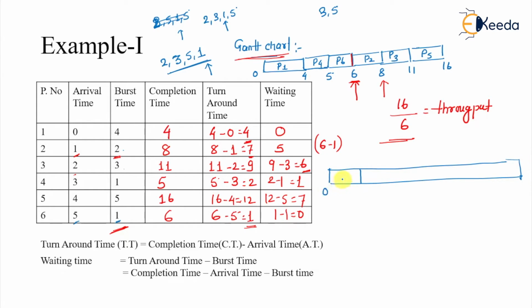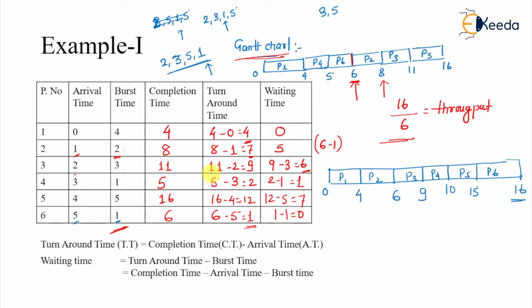So I start with 0, and P1 completes at 4. P2 requires 6, so it completes at 6. P3 requires 3, so 3 to 9, and P4 is 1, so 1 to 10. P5 is 5, so it becomes 15, and P6 is 1, so it becomes 16.